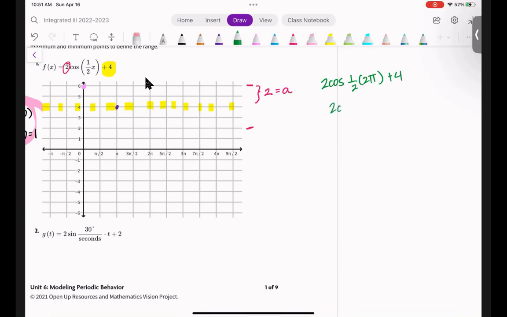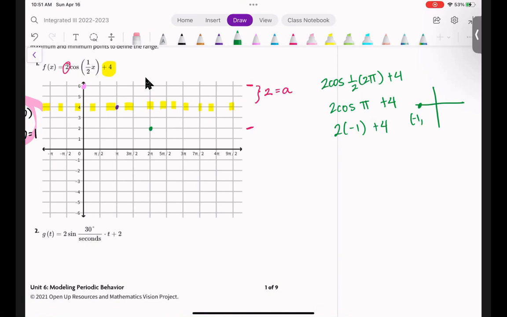And so this is going to be 2 cosine of just pi, because half of 2 pi is just pi, plus 4. And so if I think about where pi is here, his x-coordinate is -1. I don't really care what the y-coordinate is, so I'm just going to look at -1. So this is 2 times -1 plus 4. So that's going to be 2. So at 2 pi, it's 2.